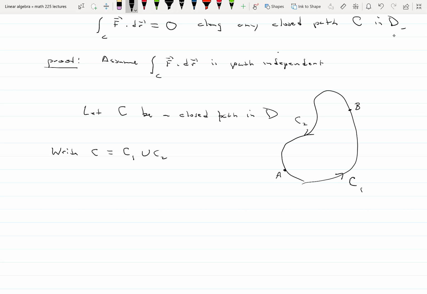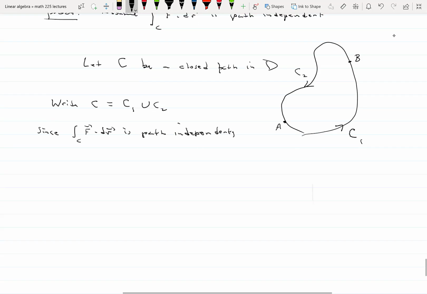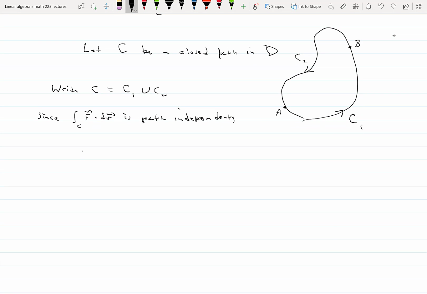So since the integral along C of f dot dr is path independent, the integral along C1 of f dot dr is not the integral along C2, right?